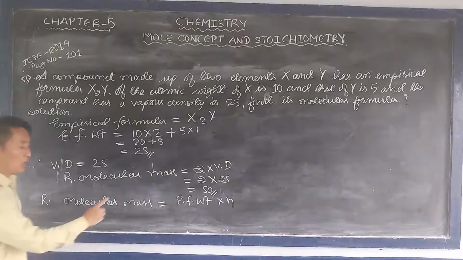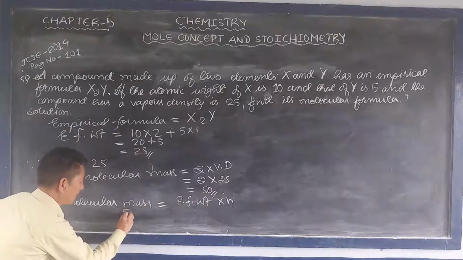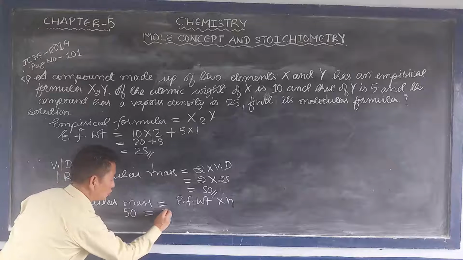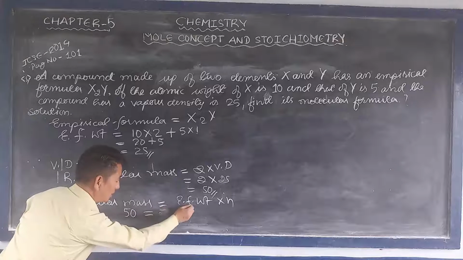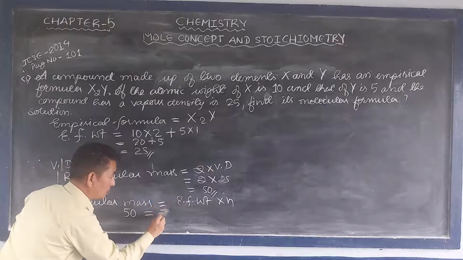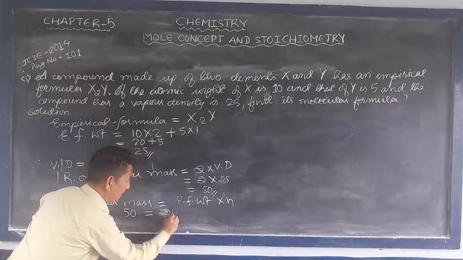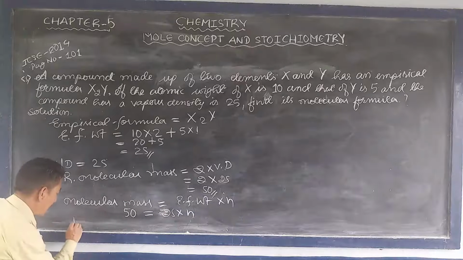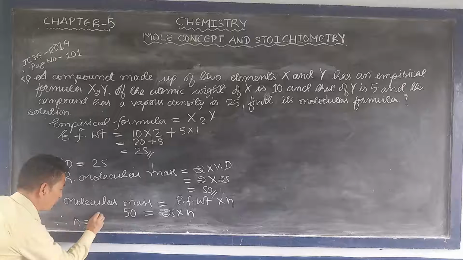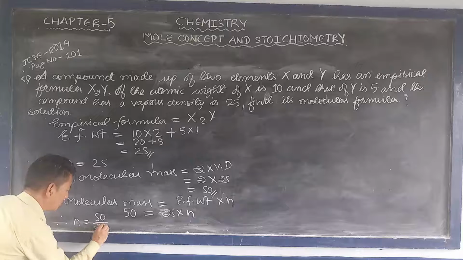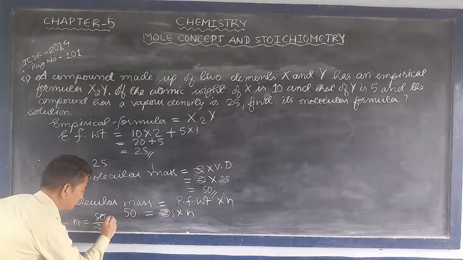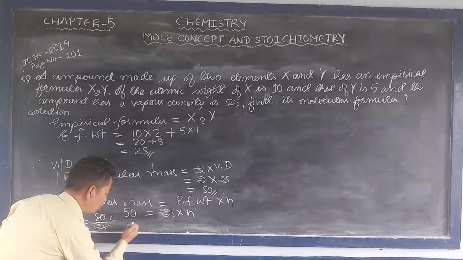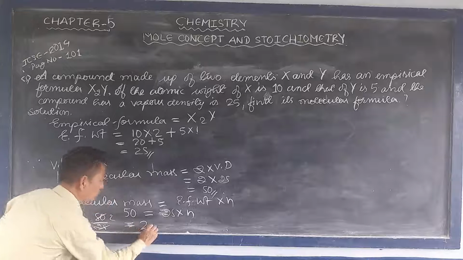The molecular mass is 50, so we write 50 is equal to the empirical formula weight, 25, into n. Now we find the value of n. Therefore n equals 50 over 25, which is 2 times. So n equals 2.